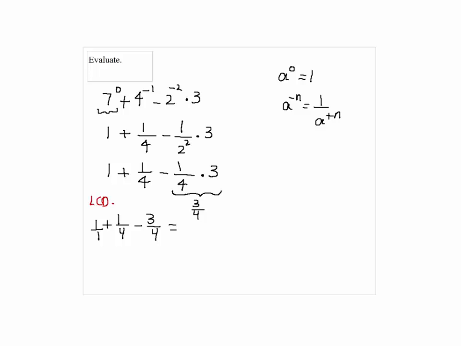So if I make all these like a fraction, the LCD in this case is 4. So I have to multiply the first fraction with 4 over 4. So I would have 4 over 4 plus 1 over 4 minus 3 over 4.